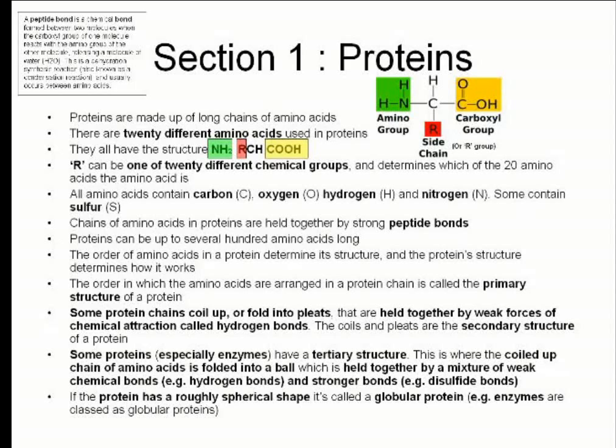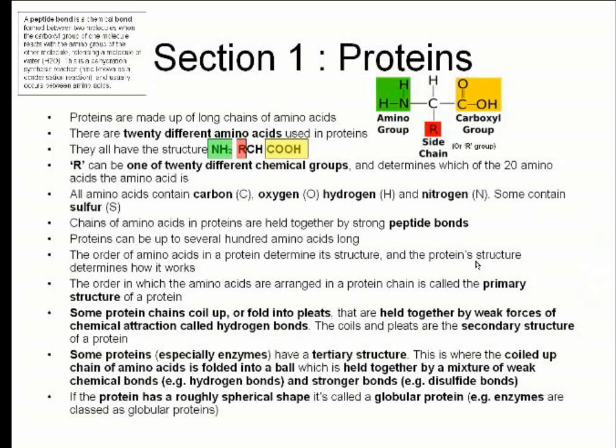That's its primary structure. Some protein chains can coil up or fold into pleats. Pleats are just like folds, basically. If you imagine a piece of cloth just folded, it would be pleated. They are held together by weak forces of chemical attraction called hydrogen bonds.